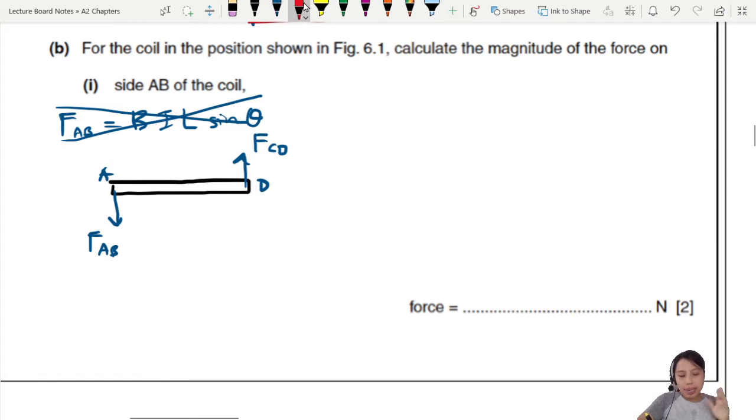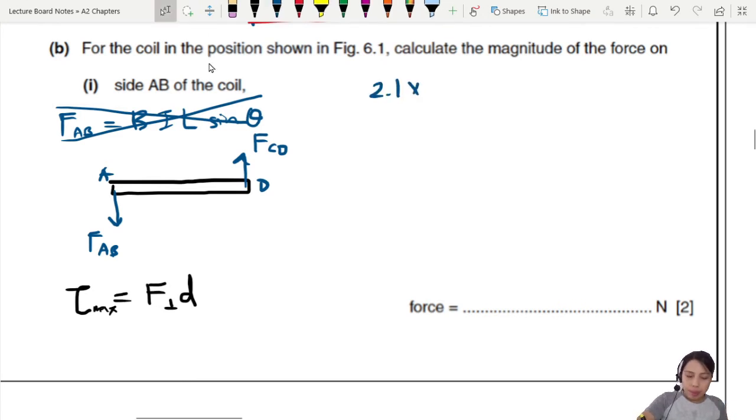And let's say you have some current flowing through it. Can you find the force if you know the maximum torque? Remember from AS? Torque equals to force times perpendicular distance, or perpendicular force times distance. And this one is maximum torque. We know the maximum torque, so we can calculate this. So maximum torque is given to us, and that is 2.1 times 10 negative 3.